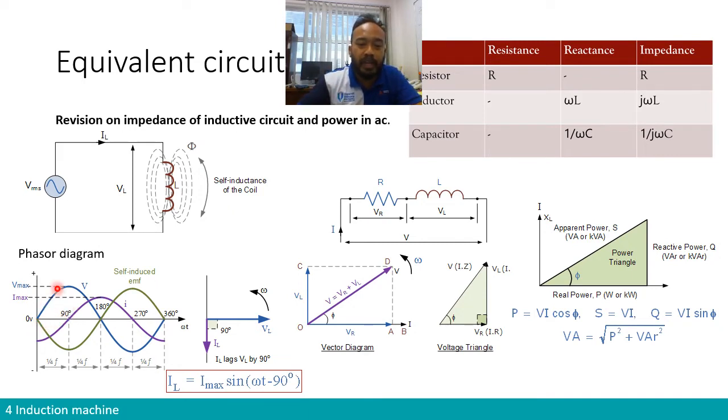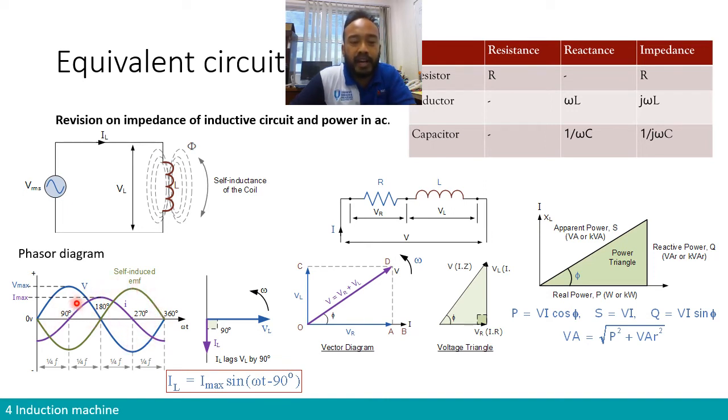So if you are supplying a sinusoidal voltage V, we are going to observe a back EMF created by the coil. The back EMF is in the opposite direction, phase shifted, right? You do understand that if you draw the equivalent circuit, for example, in the armature, the voltage supply is in one direction, but the back EMF is in the opposite direction. And therefore you have a certain current generated due to the back EMF.